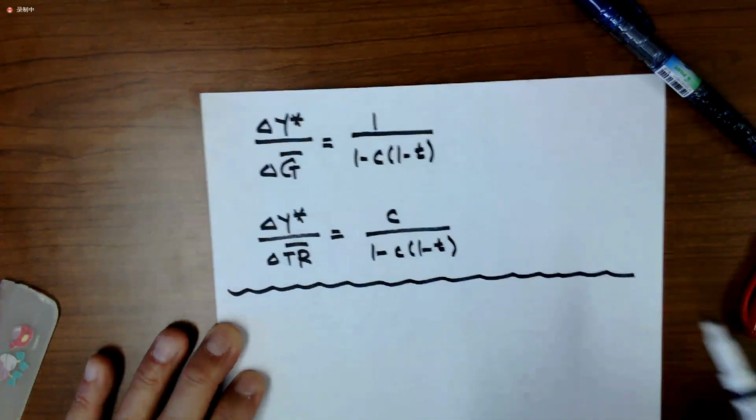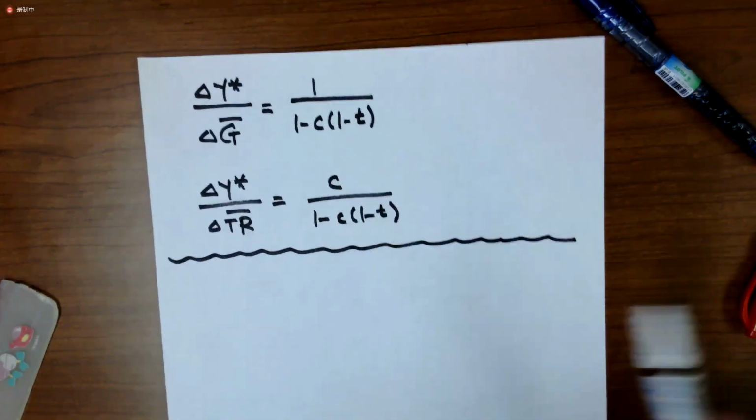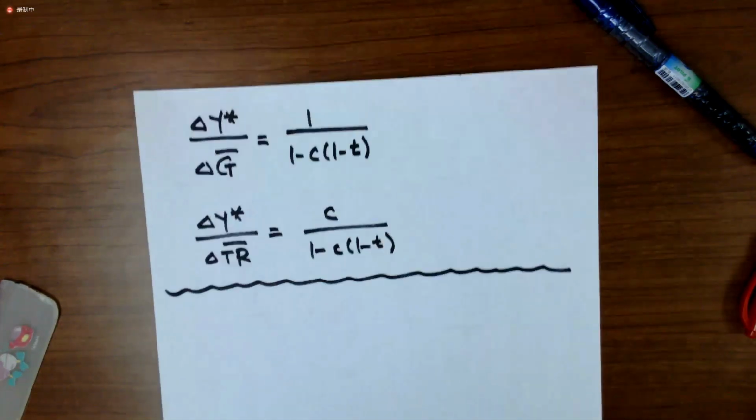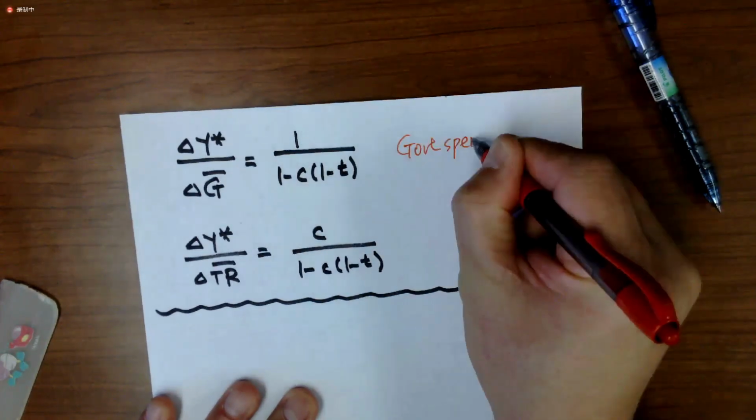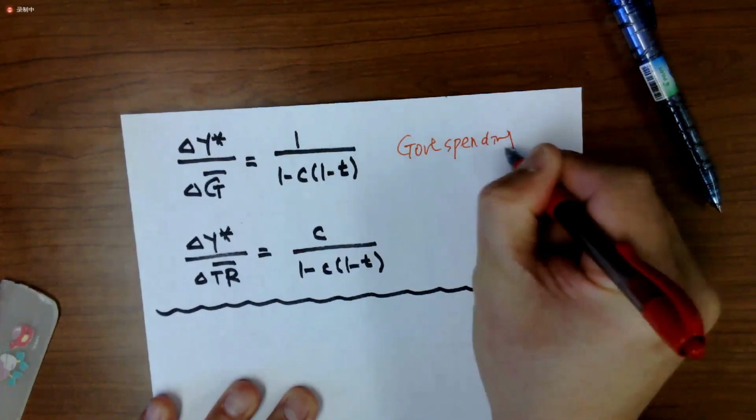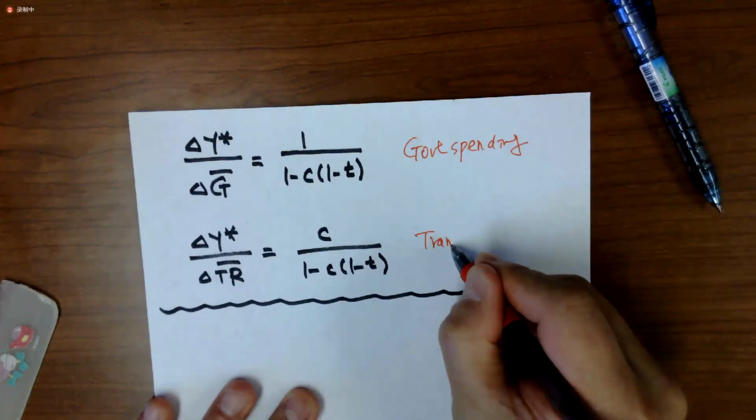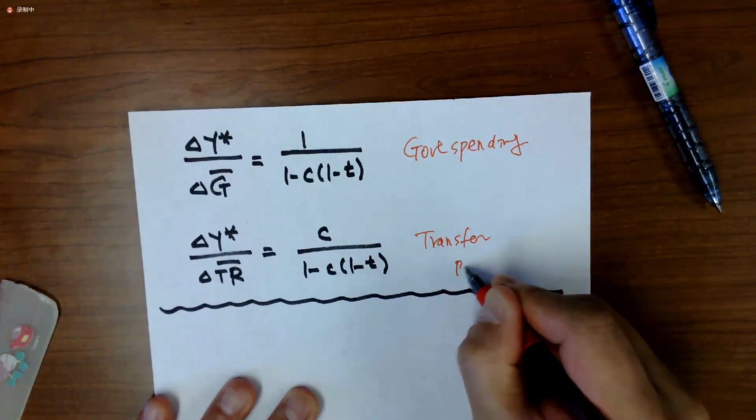So when I look at these two expressions, this has to do with the government spending multiplier. This is the transfer payment multiplier.